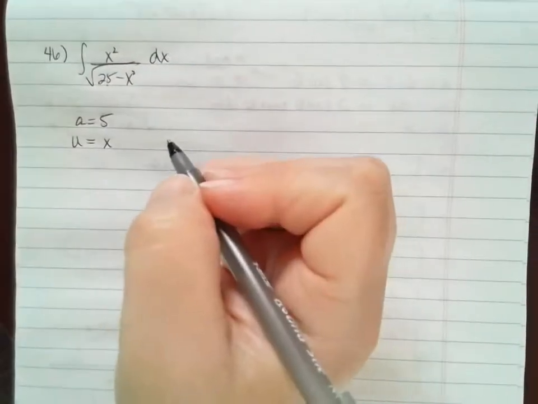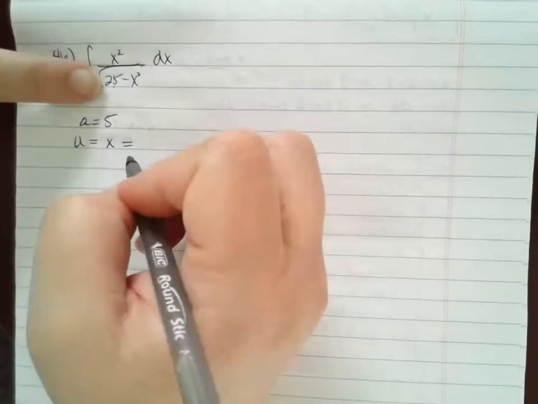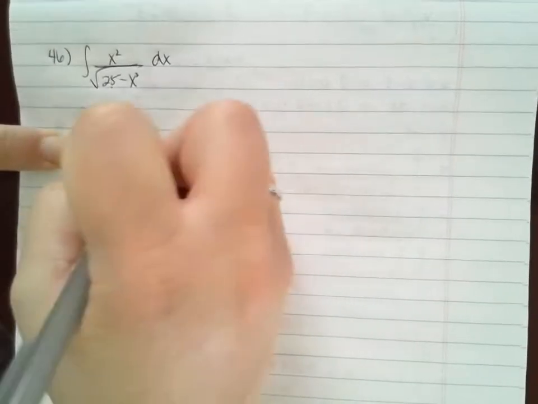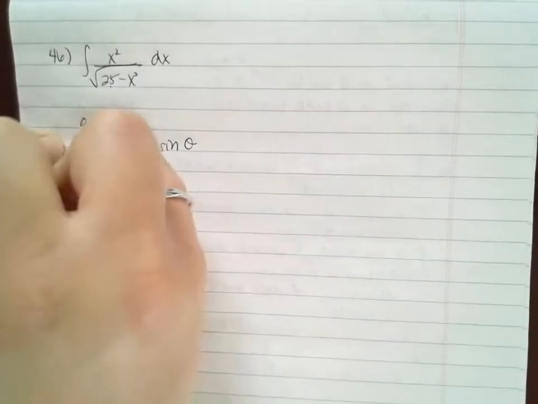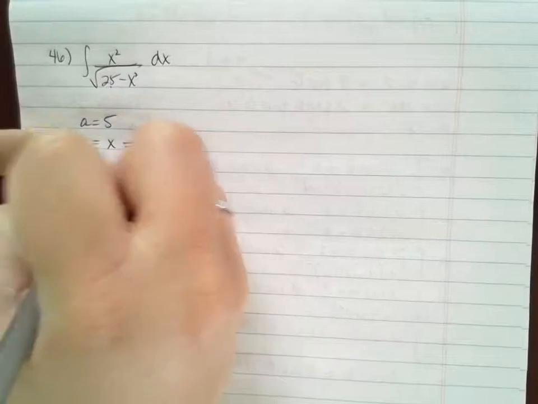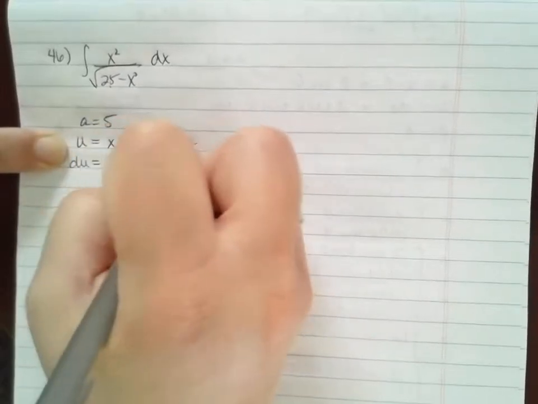So if I continue with trig sub, keeping in mind that the number's written first, then my x would be 5 sine theta. And the derivative of x is dx, and the derivative of 5 sine theta is 5 cosine theta d theta.